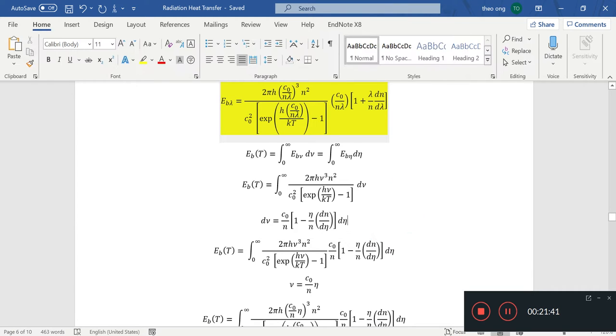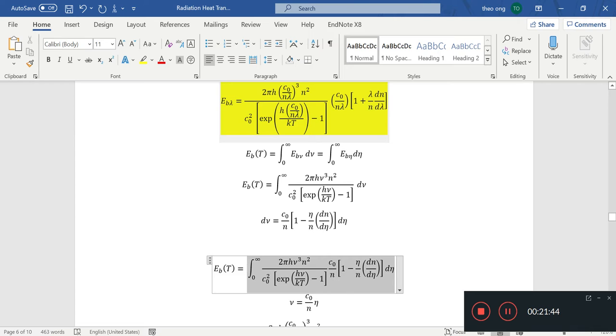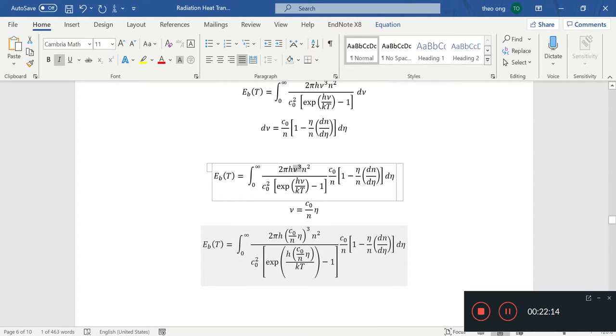So we have this long expression here inside, which equals this expression we see here. So if you want to compare, E_b eta equals this whole thing on the inside. And how do we get rid of the frequency? We can just use this equation here, substitute inside for this frequency nu, and then we get the expression we want over here.